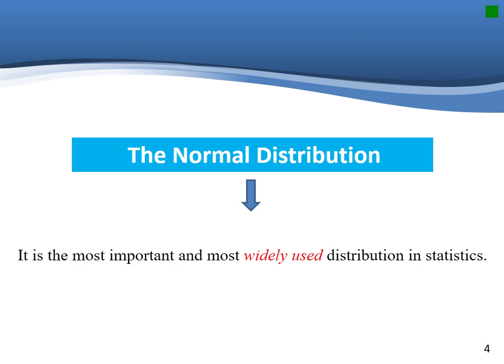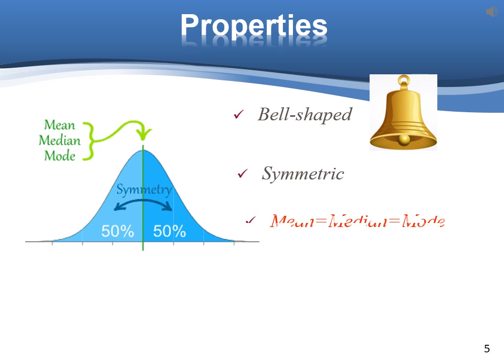The most important and most widely used distribution in statistics is the normal distribution. It plays a very important role in the science of statistical inference. The normal distribution is bell-shaped and is perfectly symmetric.